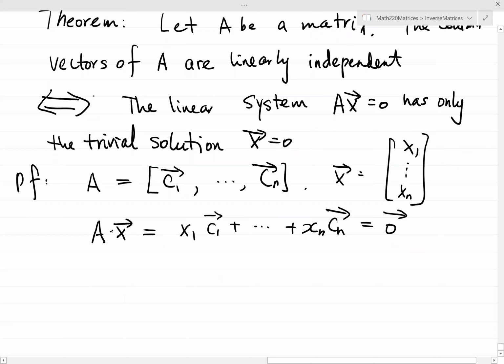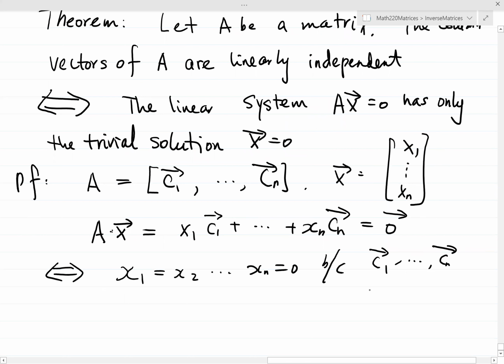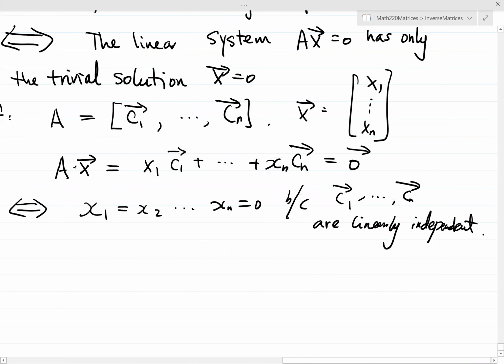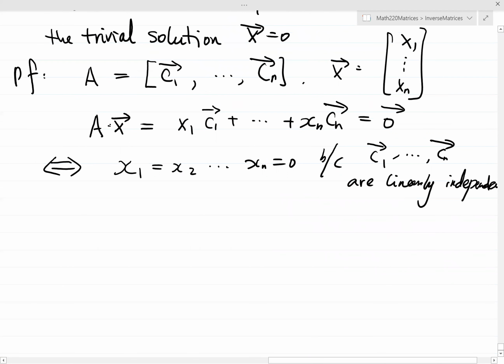So the only way to get 0 is X1 equals X2 equals ... equals Xn equals 0, because C1 through Cn are linearly independent by definition. So we're done. Okay, some examples.